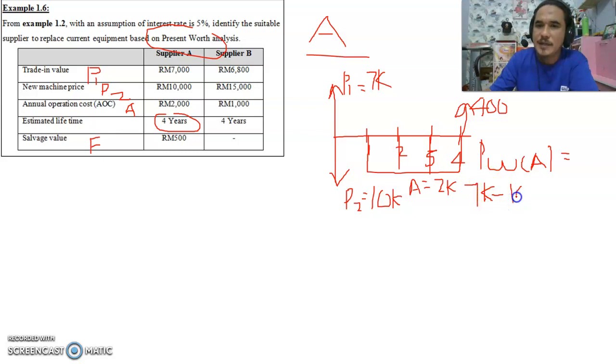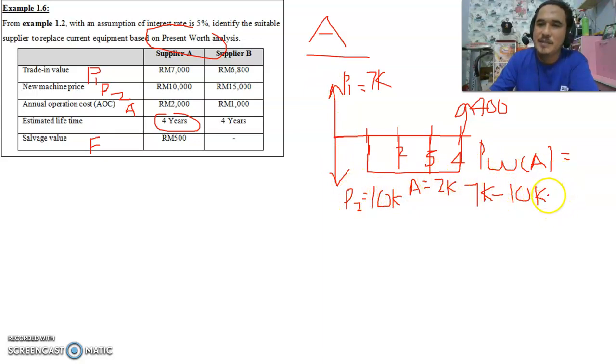The 7k and 10k are P values, so no need to convert to A or F. 7k is positive because the arrow is positive, and 10k is negative, that's why minus.